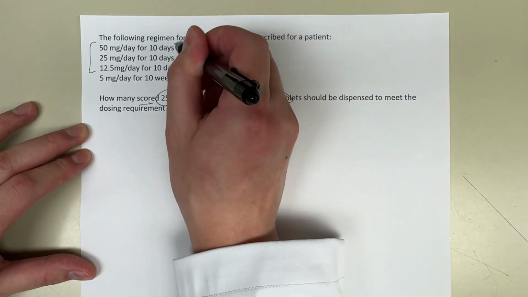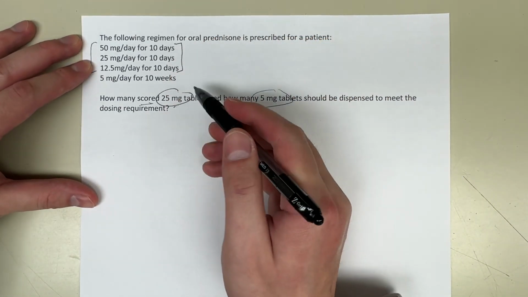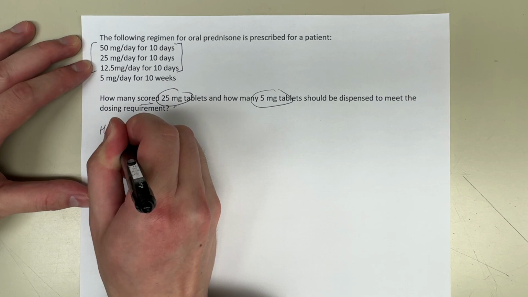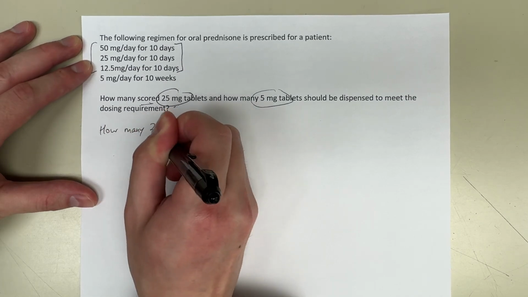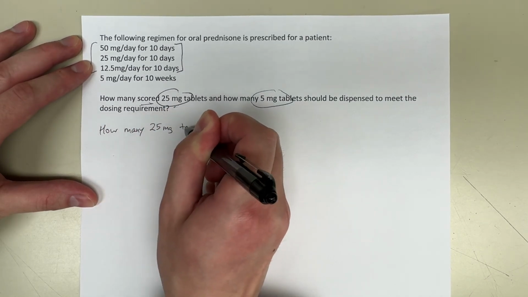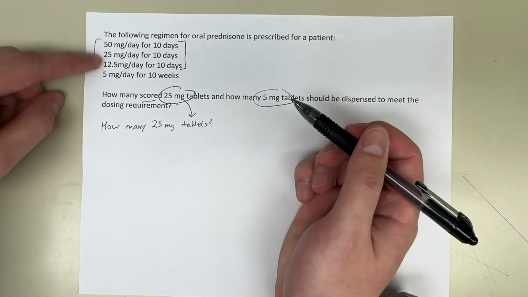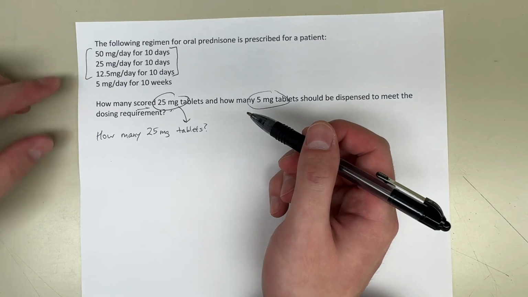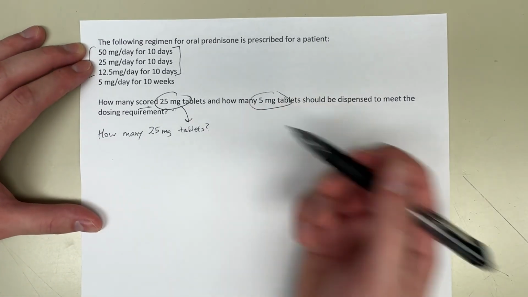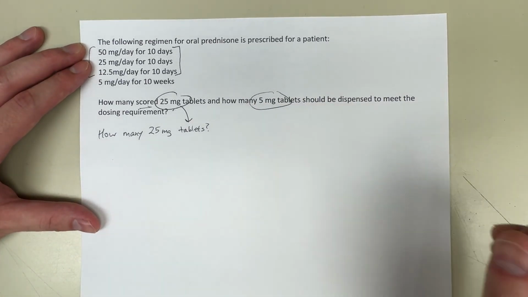So the first thing I'm going to do is calculate how many 25 milligram tablets. I'm going to use these top 3 first. The easiest thing I like to do is to start with something that's just one line by itself.